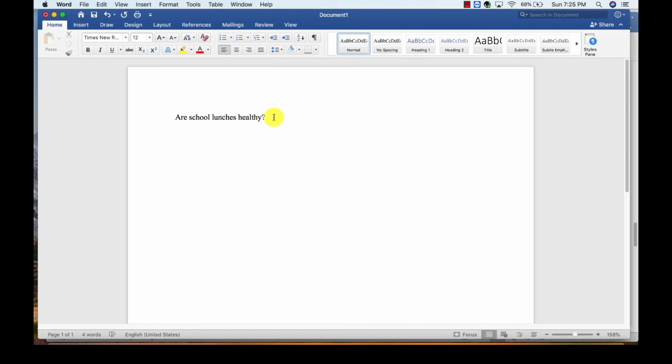And I'm going to research school lunches today and see what the research says, what the literature says, are they healthy or not? And let's say that we do find that they are healthy, but they're not nutritious. All right, so the thesis, though, would be arguing that school lunches, the way they are, are healthy.